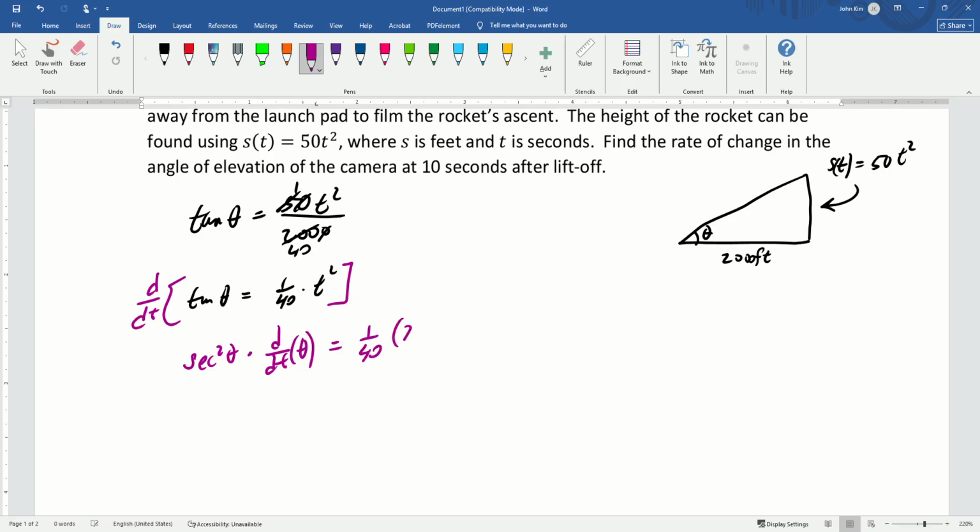It's going to be 2t: take the power, bring it on down, and then subtract 1. That's going to be 2 over 40, which is 1 over 20 t. So secant squared of theta times d theta over dt is equal to 1 over 20 t.